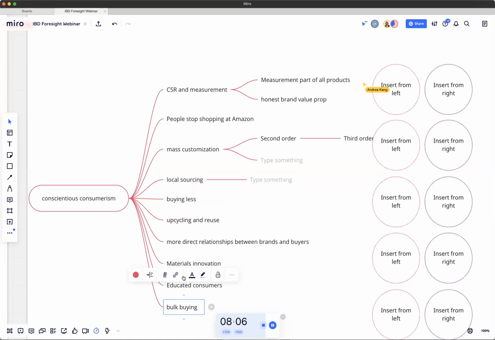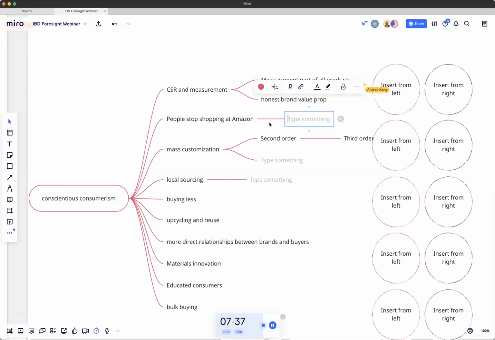And just like that, we filled out first order changes at least. Okay, so let's think about some second order changes. That was pretty quick. Now, based on these things, if people stop shopping at Amazon, what happens next? Yeah, that's really interesting. I think maybe more power to individual artisans or individual creators and makers.